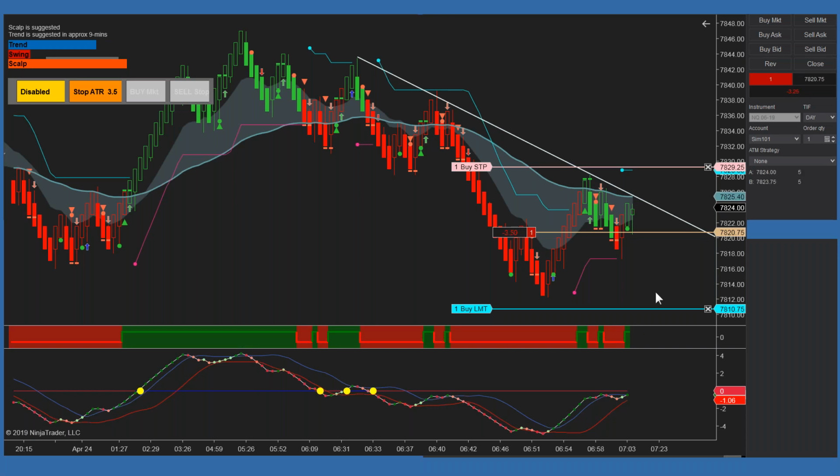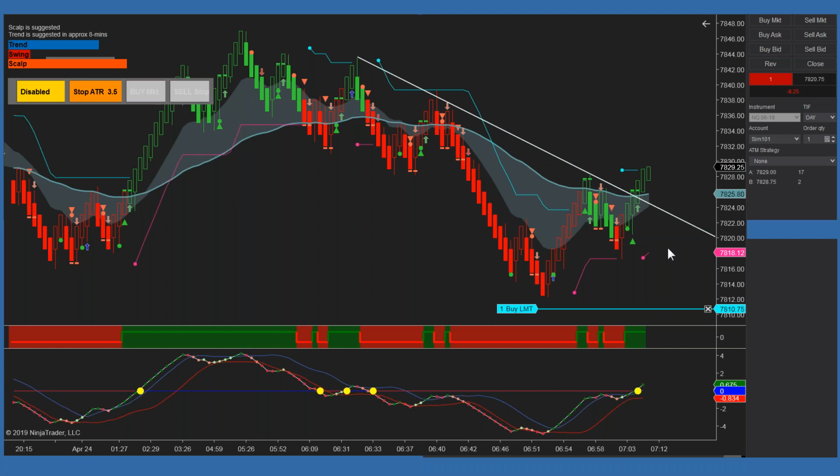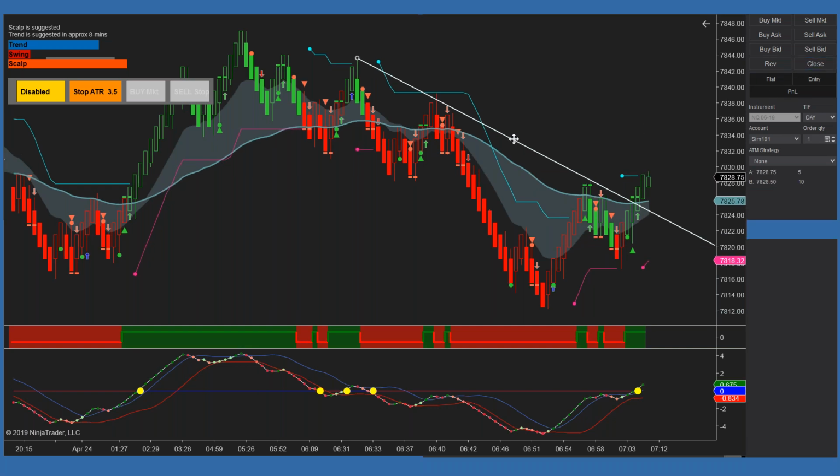Okay, here we go. Now, here we got a little bit of a trend line break. No, they're not going to give it to me. So it's starting to look like either we're going to keep going back and forth, or the market is in fact maybe transitioning to an uptrend again.